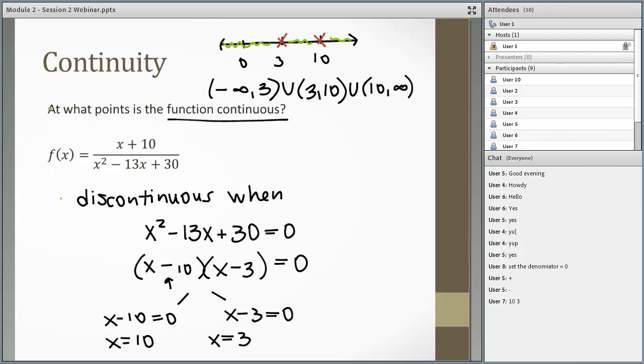So that is all of the points where the function is continuous. The only place that there's any discontinuity would be at 3 and 10. So it's continuous otherwise. And they all get parentheses because infinities always get parentheses, and 3 and 10 can't be included, so they would get parentheses.